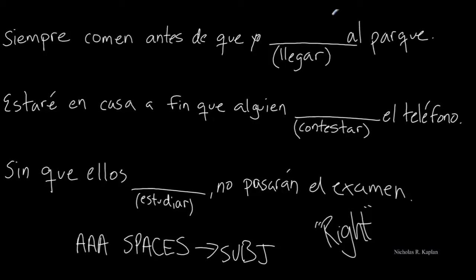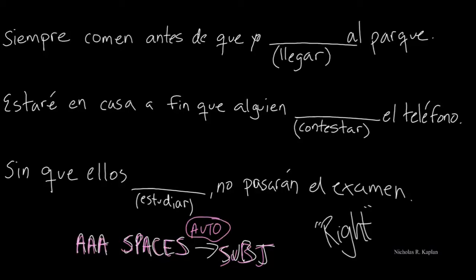So our first sentence. Well, we look at that sentence, and what we're trying to figure out is, do I need to use the subjunctive? And remember, there are lots of ways to use the subjunctive. But what we're looking at here is, do we have one of our AAA spaces? Do we have one of those words or adverbial clauses that makes it automatic that we have to use the subjunctive?